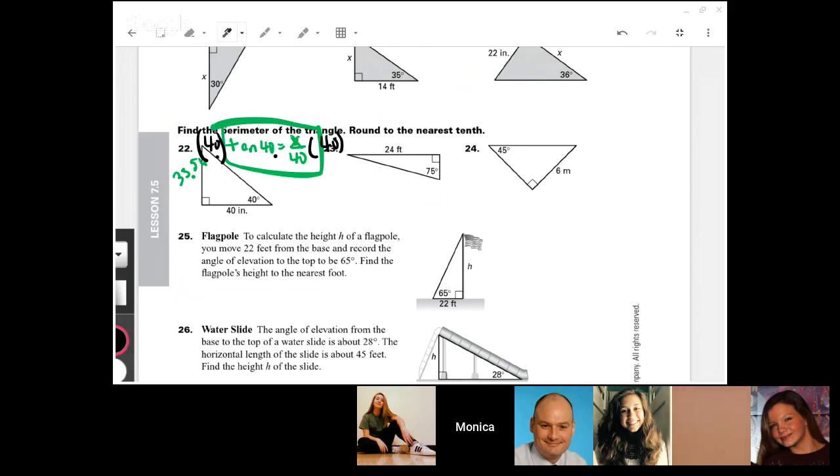And so if you did tan 40 times 40, it might have had something to do with parentheses on your calculator, okay? Yeah, that's what it was.